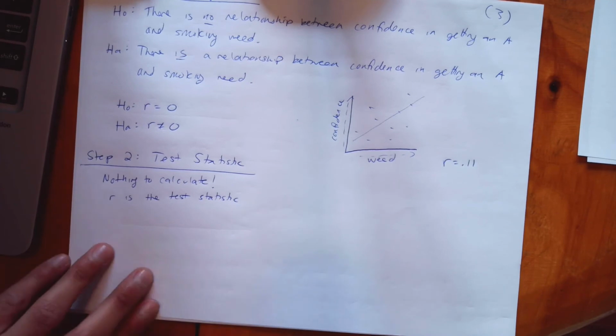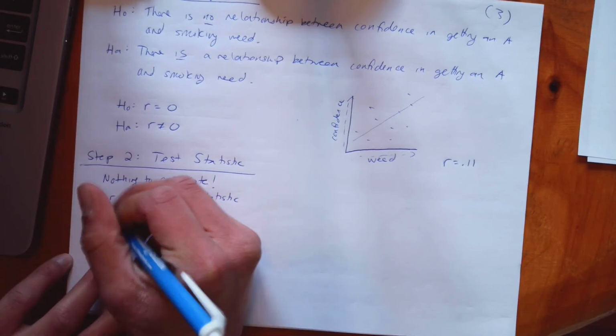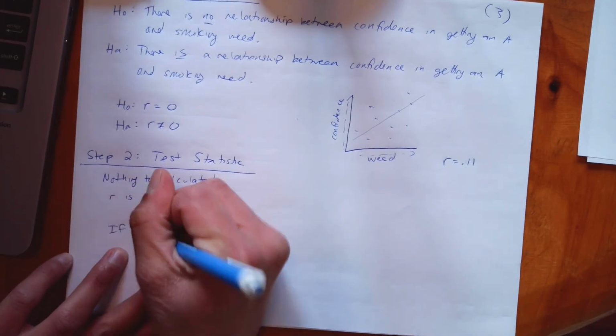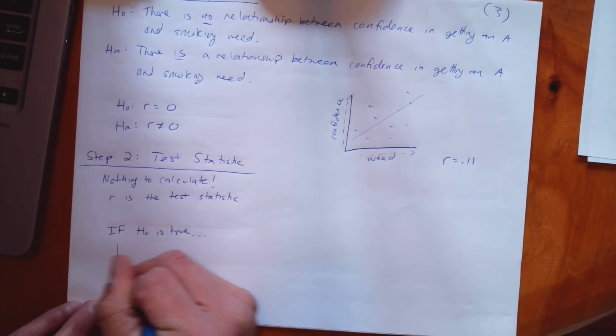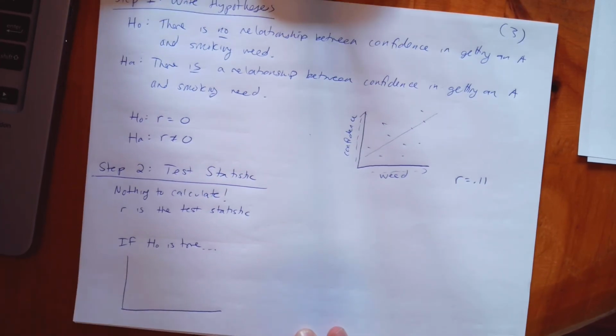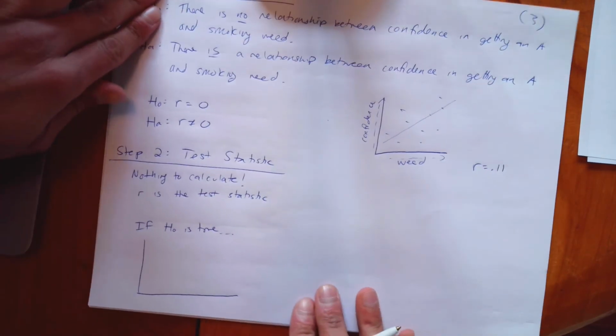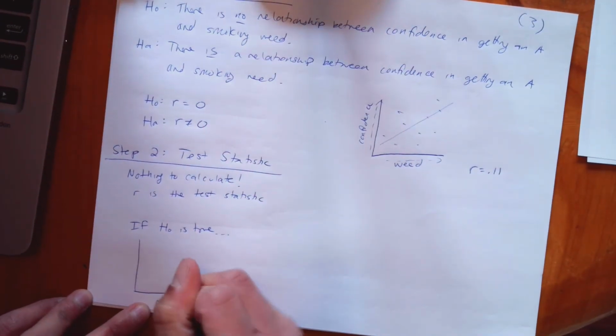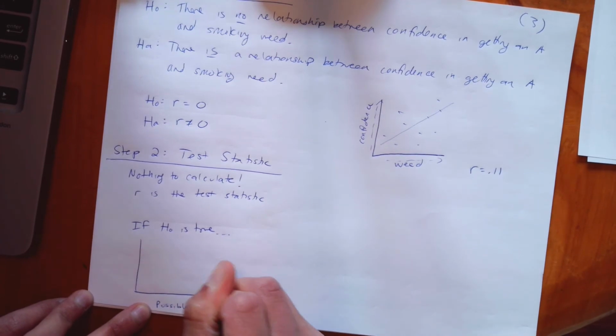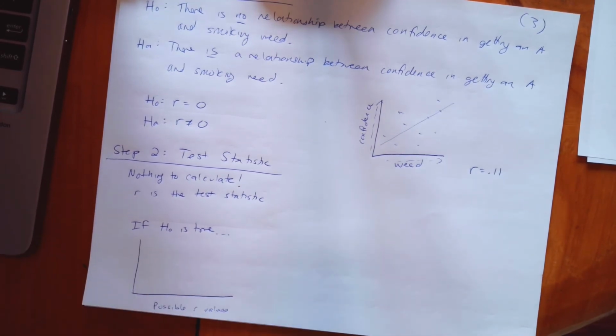So our sampling distribution, as usual, is based on a world where the null hypothesis is true. So if there is no relationship between smoking weed and confidence in getting an A in the class, we would have possible R values that you could get when you take a sample. So you take a sample from a population where there's no relationship.